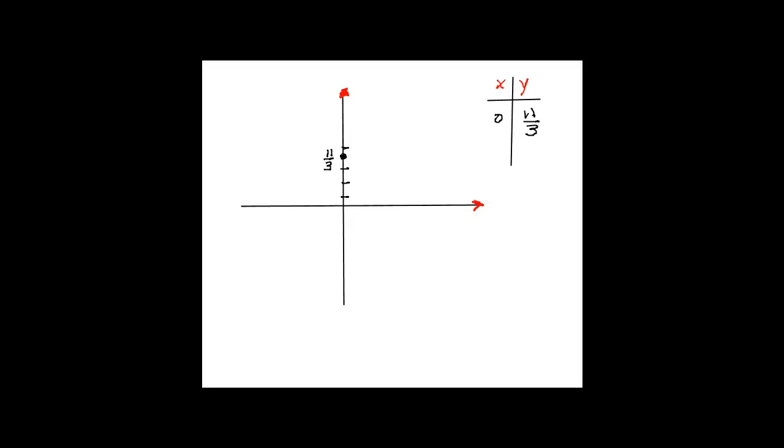Now the second point we found is y is equal to 0, x is equal to minus 11 over 2. What is 11 over 2 approximately? 11 divided by 2, half of that is about what? Anybody? 5.5, very good.